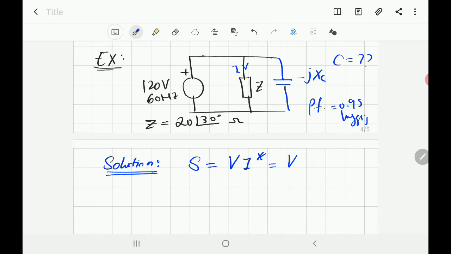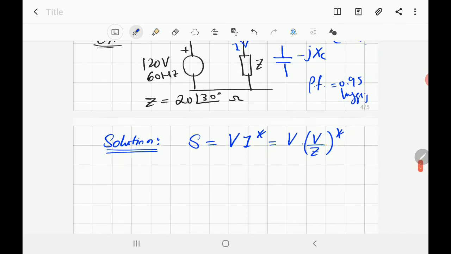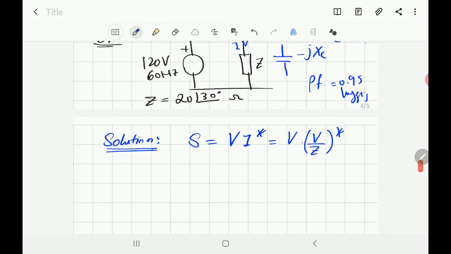Let me remove it here to make it clear. I'm not including this in my calculation. So the current is going from the source to the load only, before connecting the capacitor. So the current is equal to voltage over Z, and we need to find the total power, or apparent power. S is called apparent power.